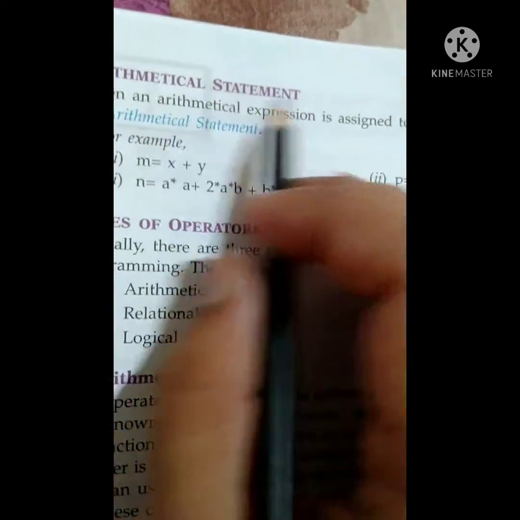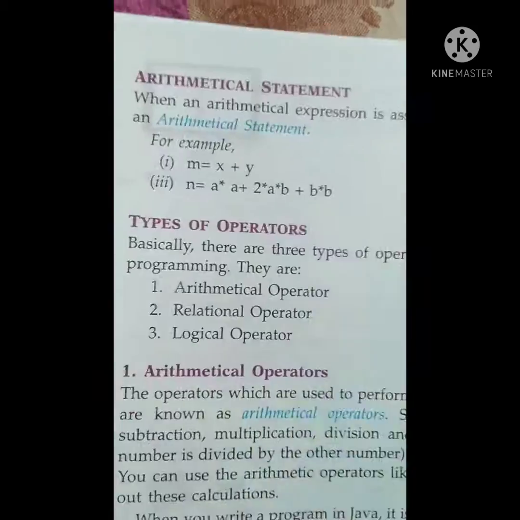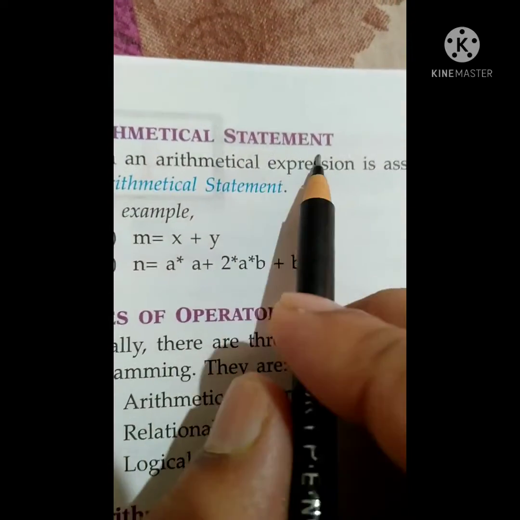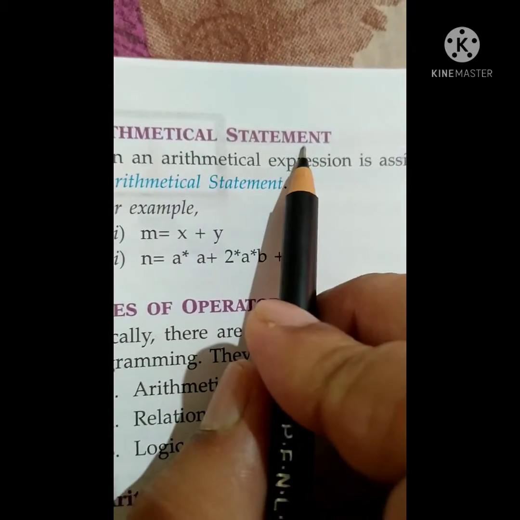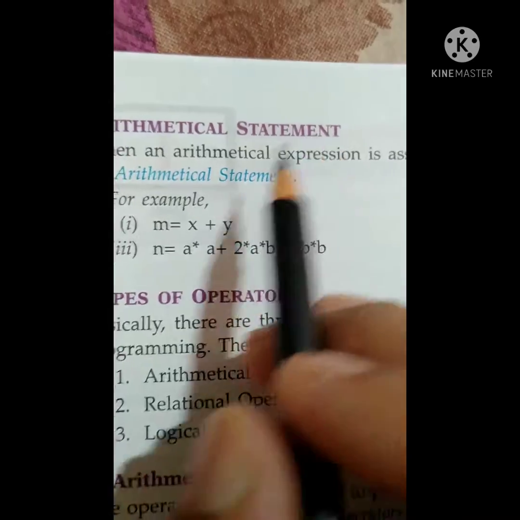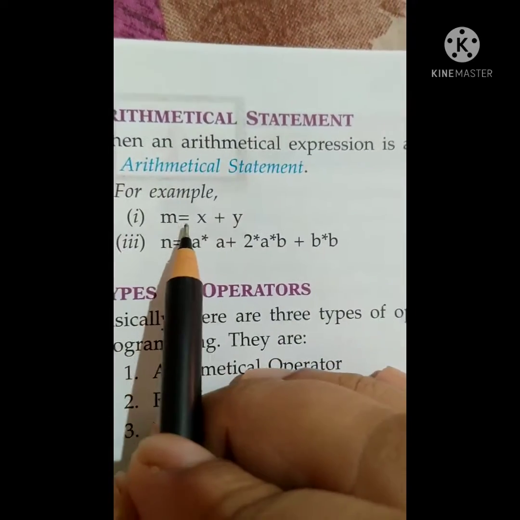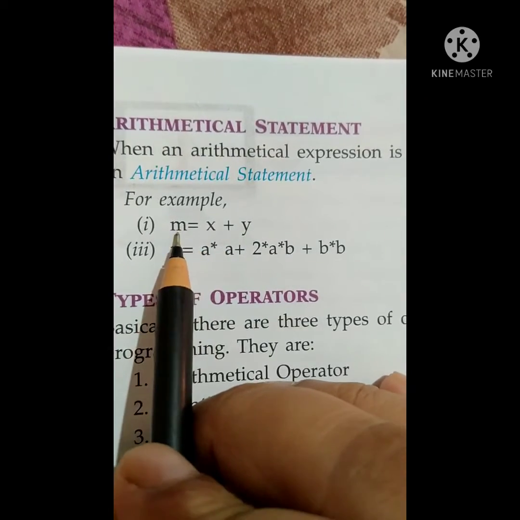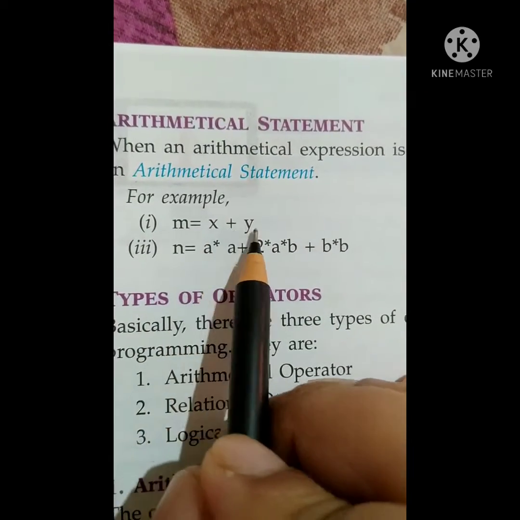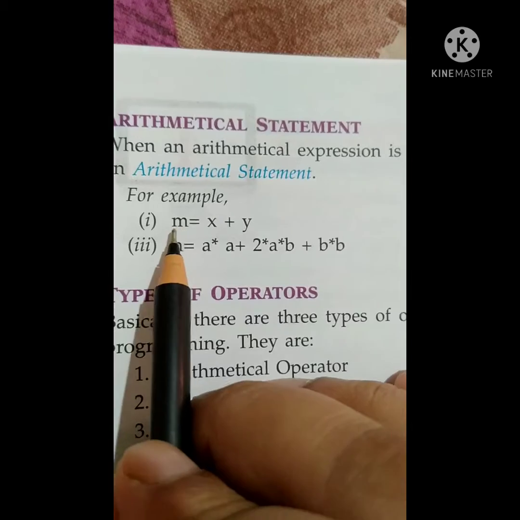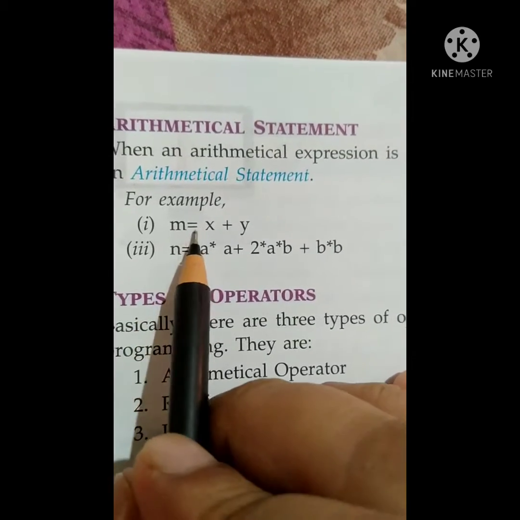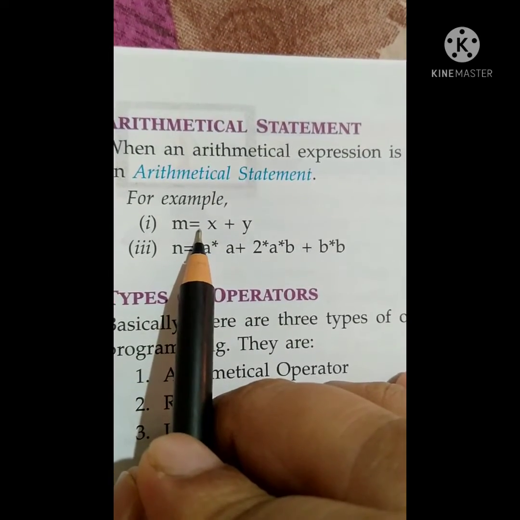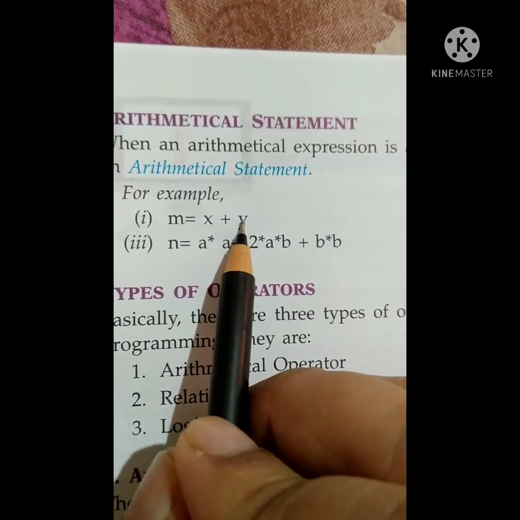Next, arithmetical statements, okay. Now you are seeing statements. In a statement, its identification is that the expression's value is stored in a variable with the help of an assignment operator. Here the value of x plus y we are storing in variable m, okay, with the help of the assignment operator. This is called a statement, okay.